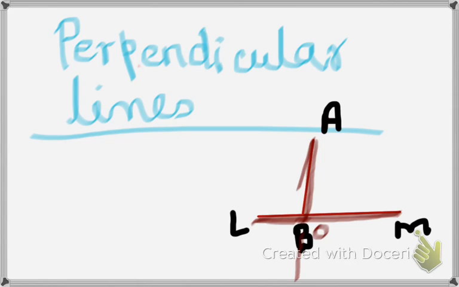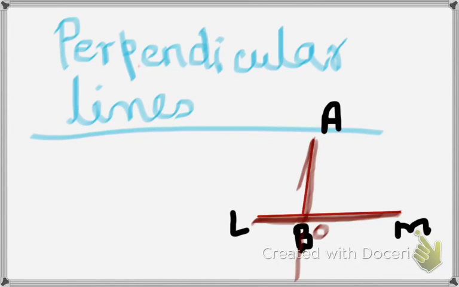When two lines intersect each other, obviously they form an angle. In this diagram, you can see that line AB is making an angle.